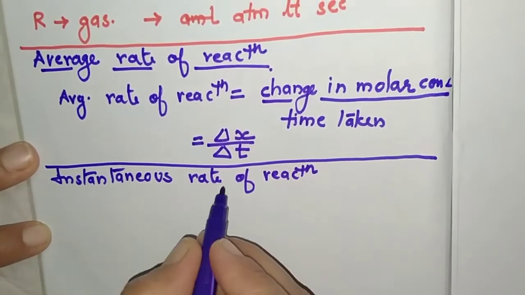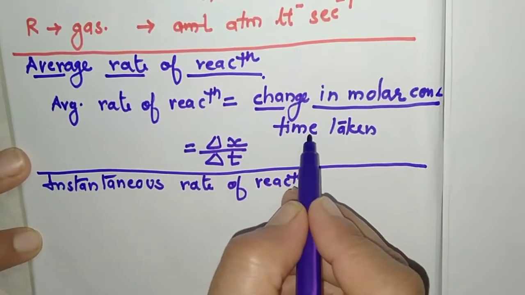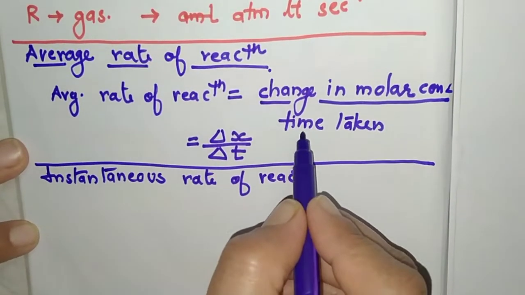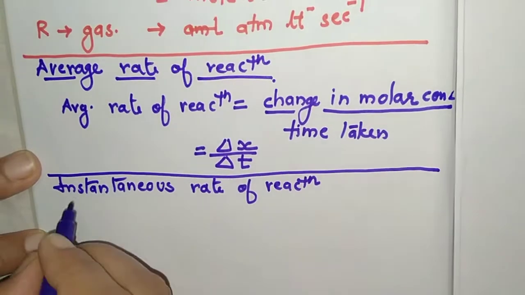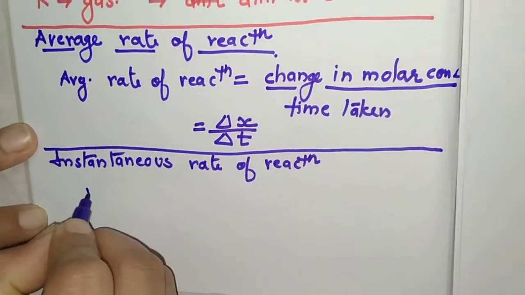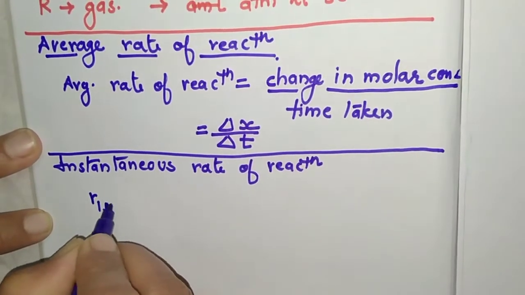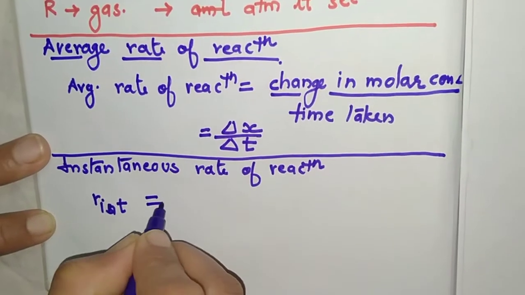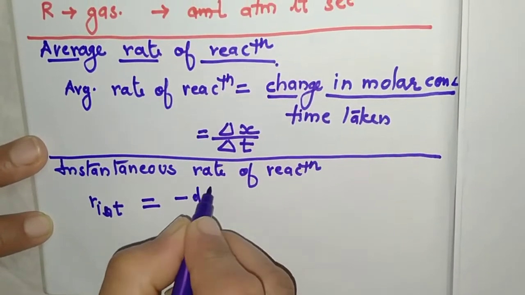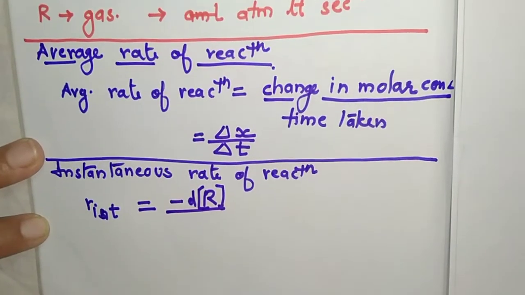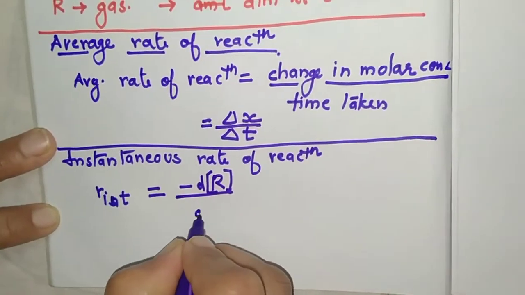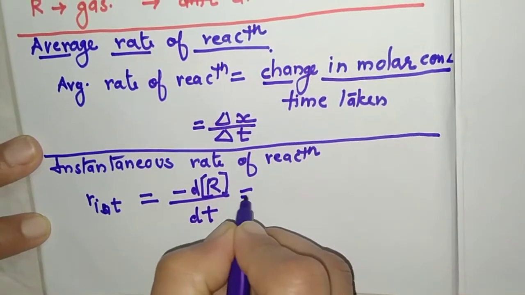Here the time is not the complete time; here we are taking a very small instant. Therefore the instantaneous rate of reaction here will be minus dR upon dt.